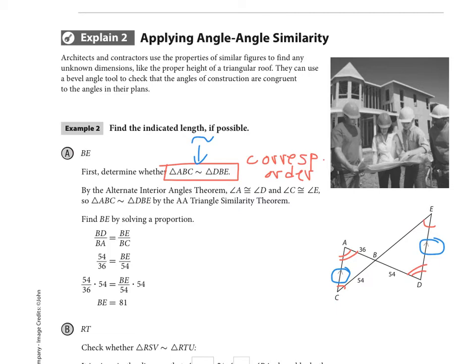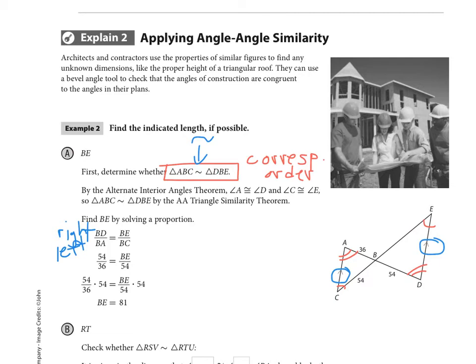And then BD and BA, we know, BD again coming from the right triangle in the numerator over the left triangle in the denominator. Keep our substituted values in that order, and then we'll be all set. So we have 54 over 36 equals BE over 54. And what we need to figure out is to solve for BE.